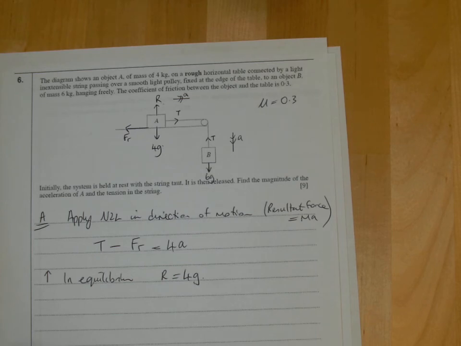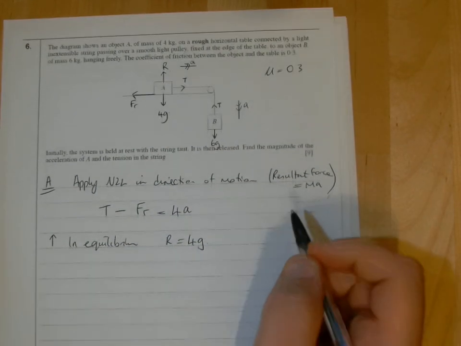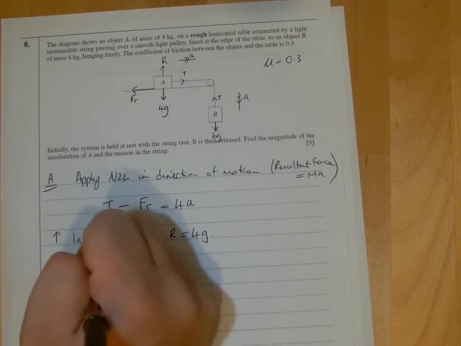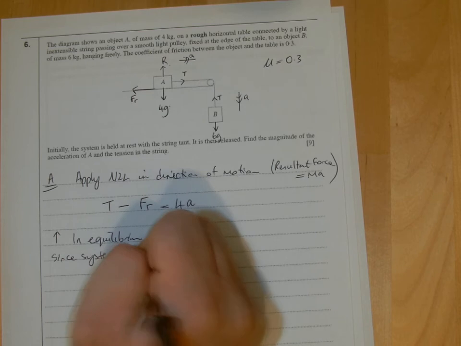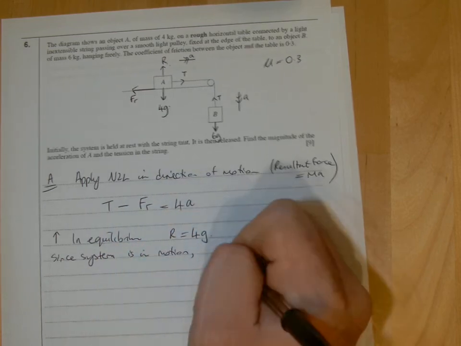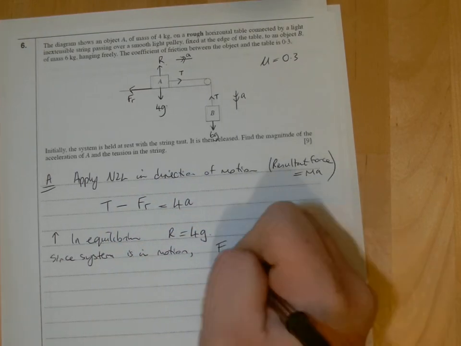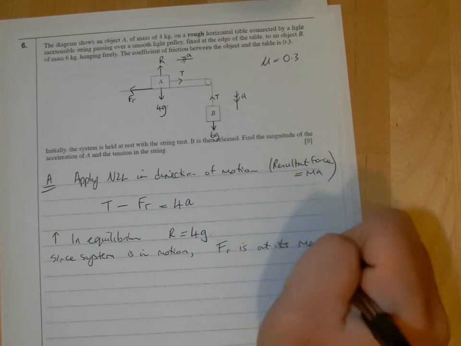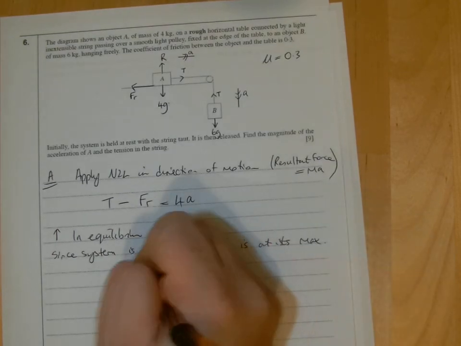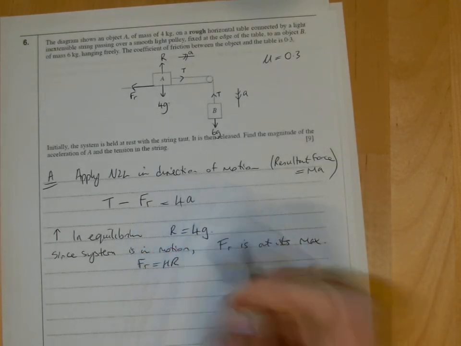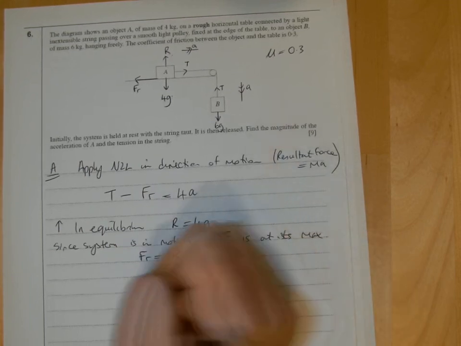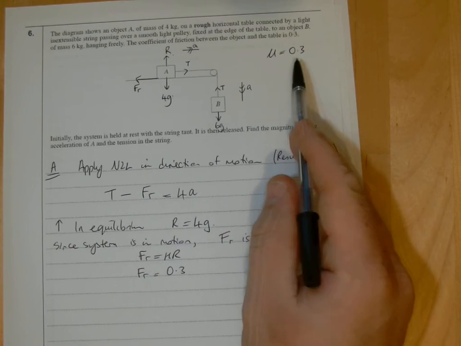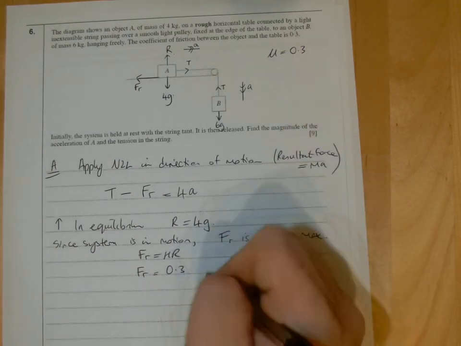Now we also know a formula for friction, don't we? Since the system is in motion, friction is at its max. In other words, friction is fighting as hard as it can, so friction is equal to mu R. We know mu is 0.3 because it tells us in the question, and we know R is 4g.